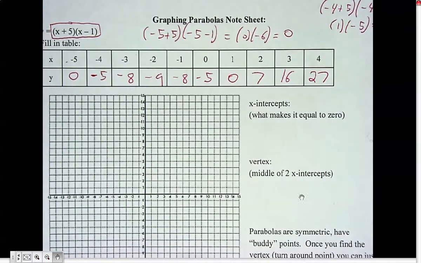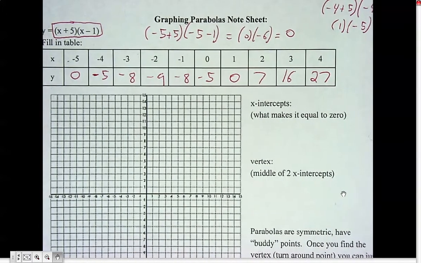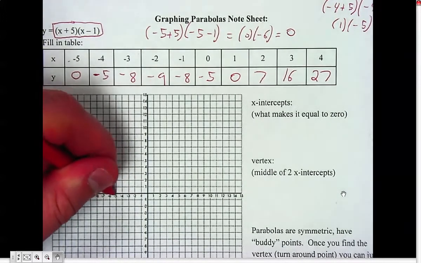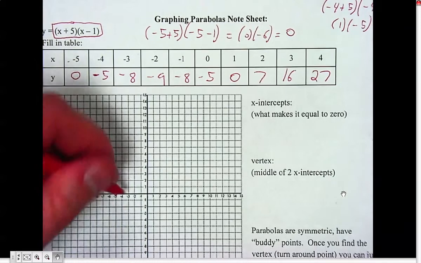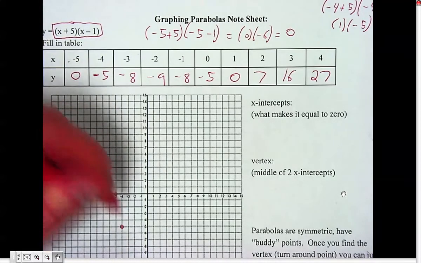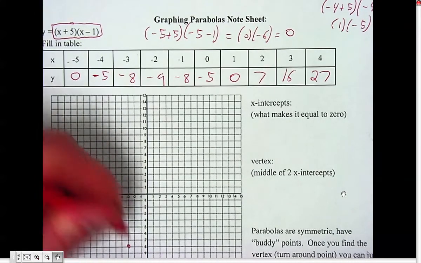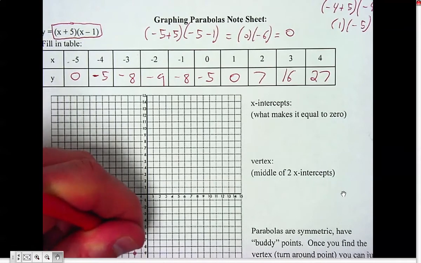Once we have those points on our table, we can start graphing it. So we'll just go through and graph them now. We get (-5, 0), (-4, -5), (-3, -8), and so on.